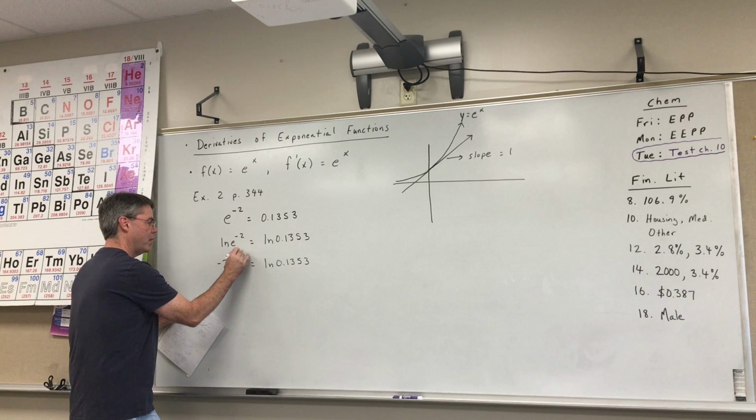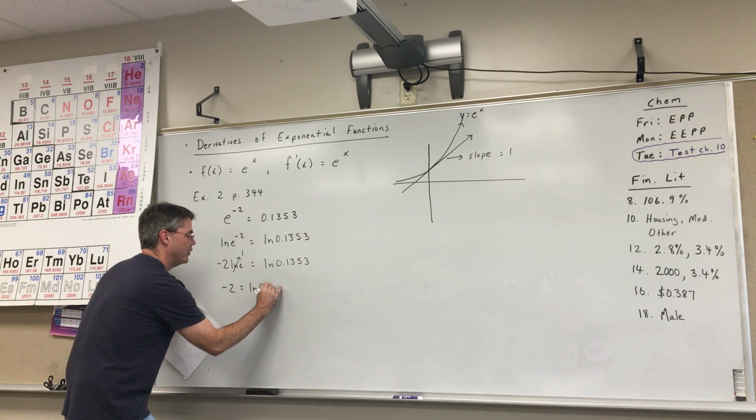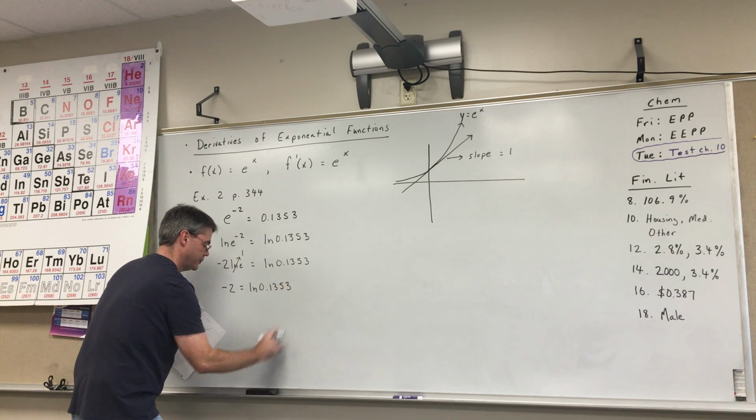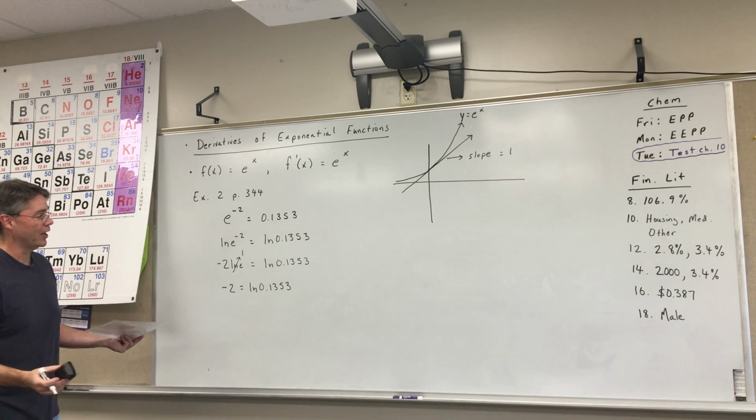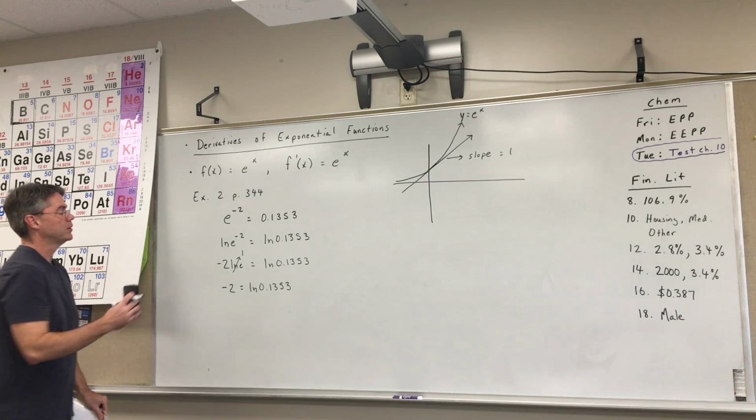Natural log of e is 1, so you'd have negative 2 is equal to the natural log of 0.1353. All right, so you can check that in your calculator.